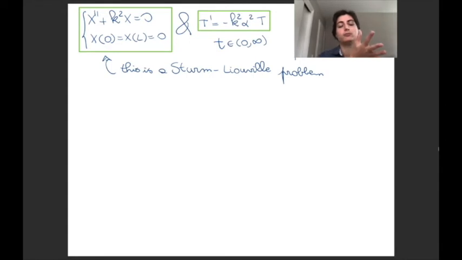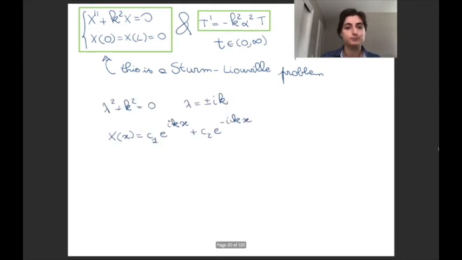On the other problem, the second derivative of capital X plus k squared X equal to 0 with zero boundary conditions at 0 and L is a Sturm-Liouville problem. So we can solve it as we have done the Sturm-Liouville problem. Now we have k squared that corresponds to the eigenvalue of our Sturm-Liouville problem.